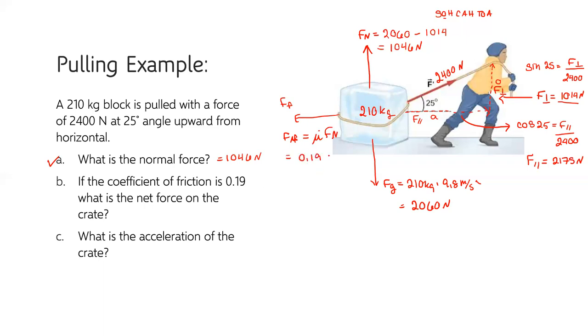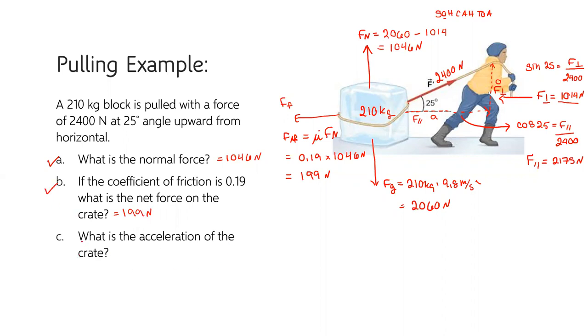So there's a very small amount of friction times 1046 newtons, which will give us a value equal to 199 newtons. So our force of friction, we'll fill it in over here, 199 newtons. I think I might have repeated myself to do a pause there. Sorry about that. So that has B calculated.